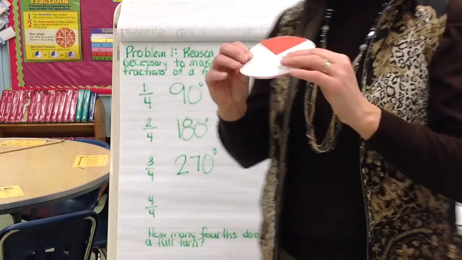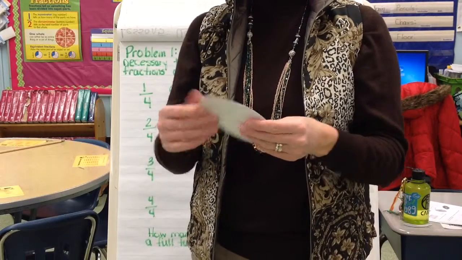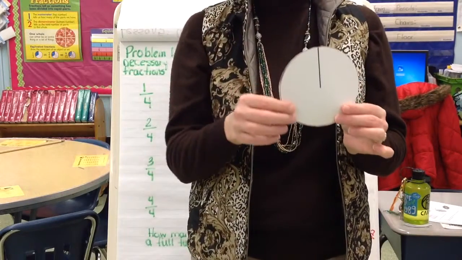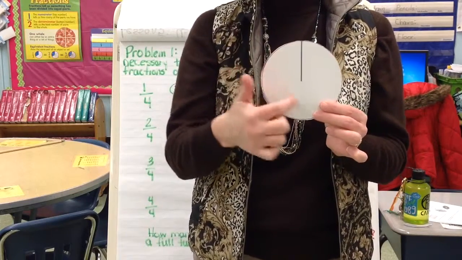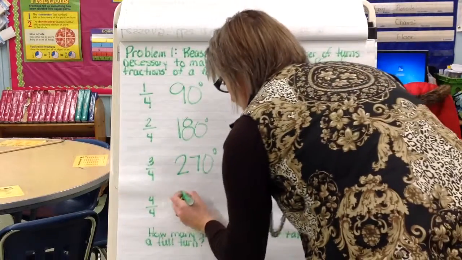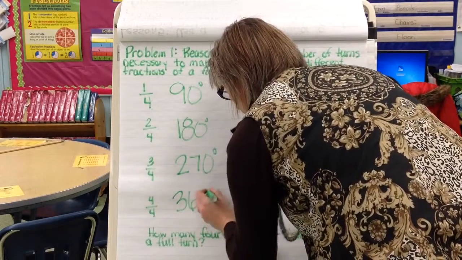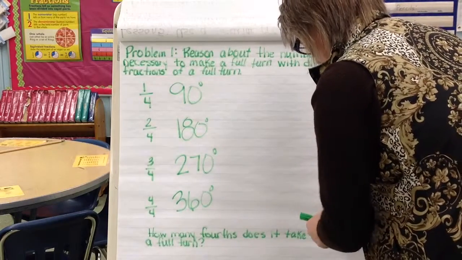And 1 more 1/4 turn, we have just the white showing. There's no red showing anymore. And this is 360 degrees. We've gone all the way around. Notice each one of these we're adding 90 degrees each time.